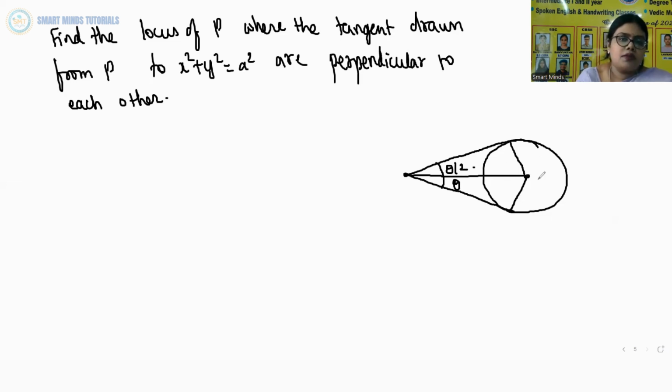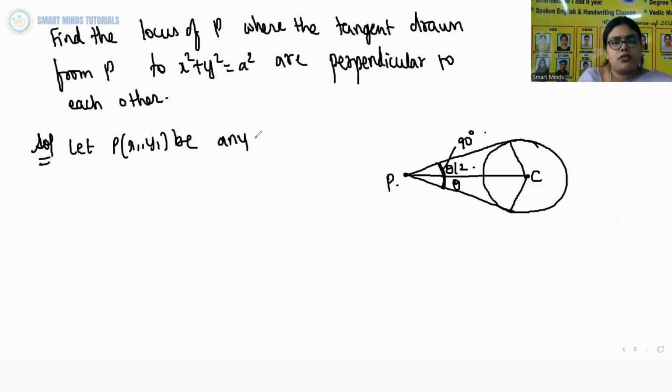Okay, this is a point, this is the center. Now here it is given that this angle is 90 degrees. Now let P (x1, y1) be any point on the locus.